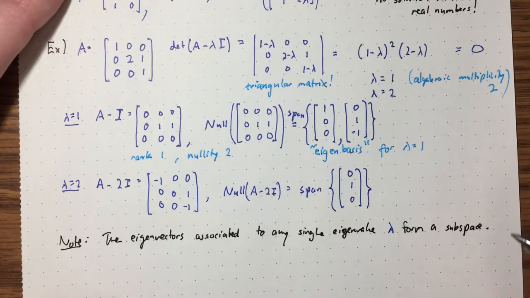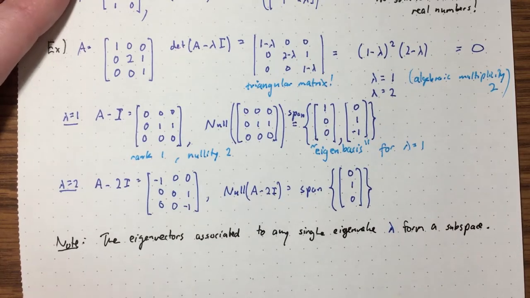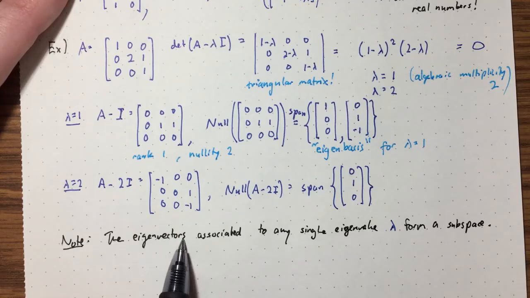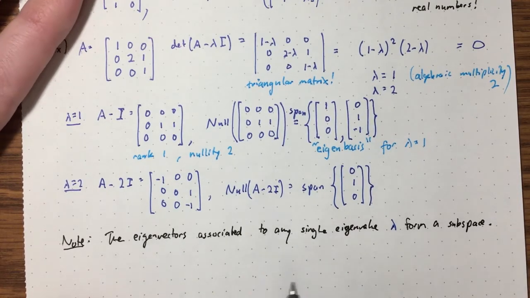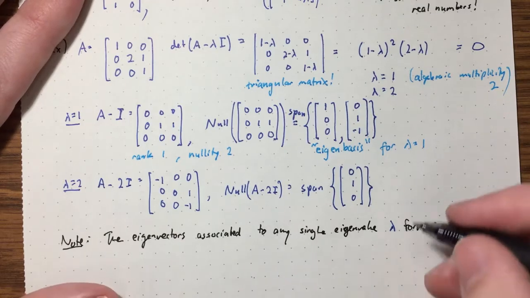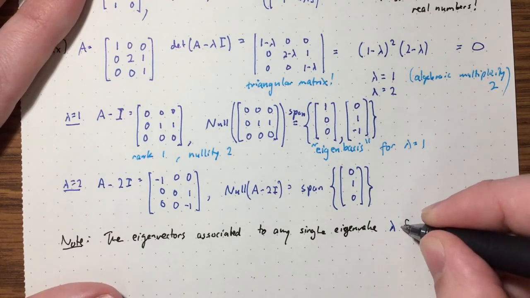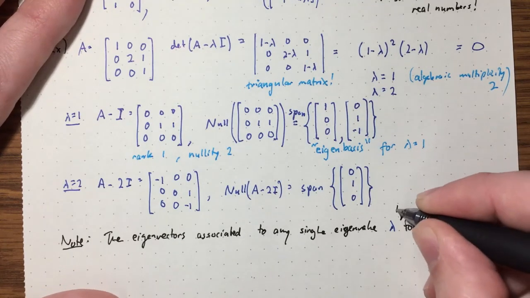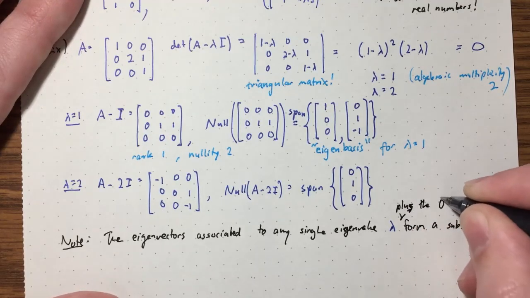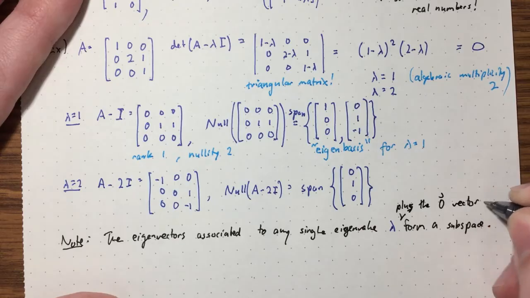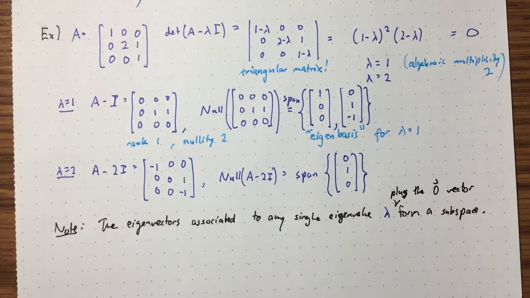That's not true, actually. Why is that not true? Because 0 is not an eigenvector, but 0 must be in any subspace. So how should I rewrite this? The eigenvectors associated to any single eigenvalue lambda plus the 0 vector. If you add in a 0 vector, then you get a subspace. Okay.